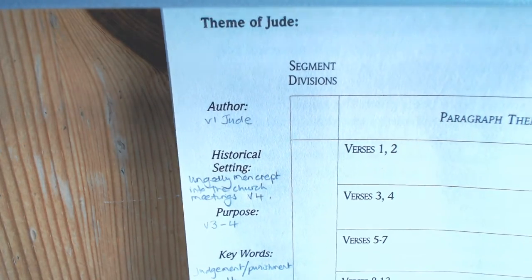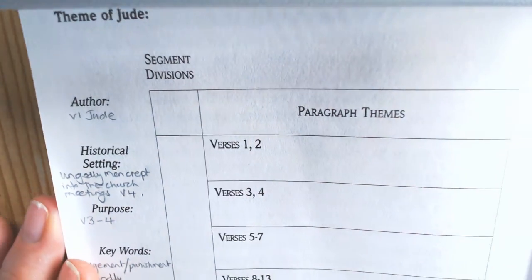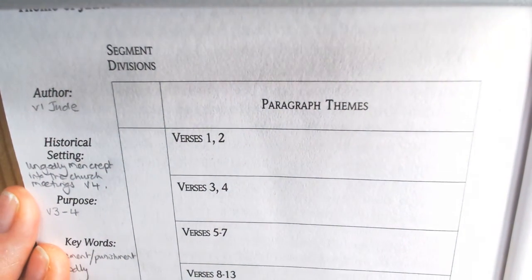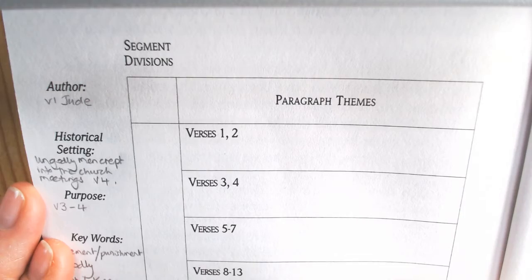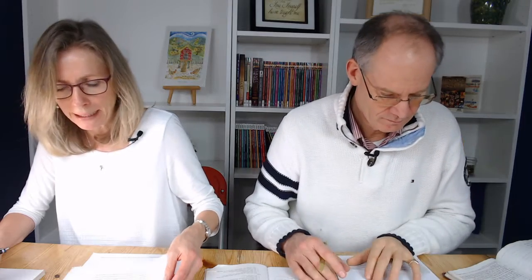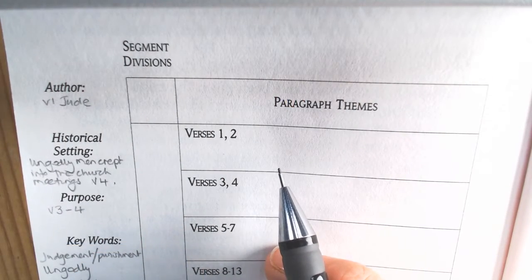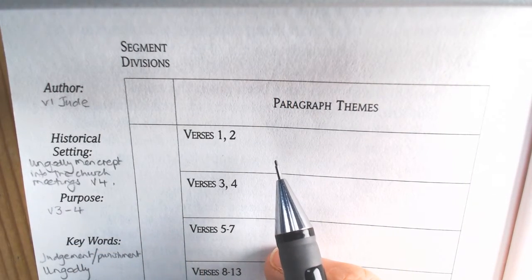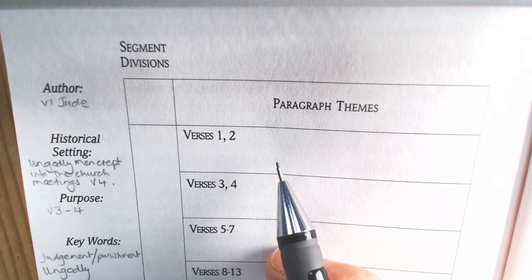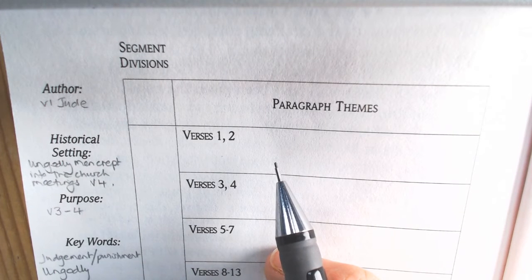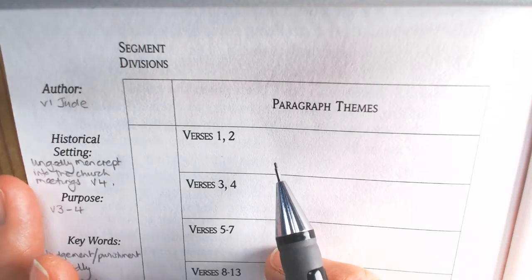Now let us go over to paragraph themes. This is breaking down these verses into bite-sized chunks, if you like. Now remember that paragraphs are man-made. Let's look at the first 2 verses. So look at your observation worksheets, and the idea is to have a summary of what the main subject of these first couple of verses is.